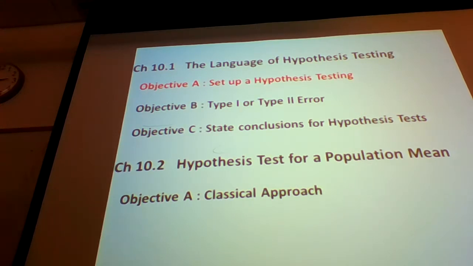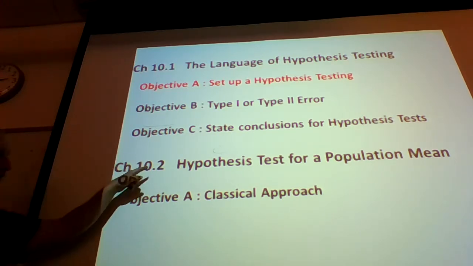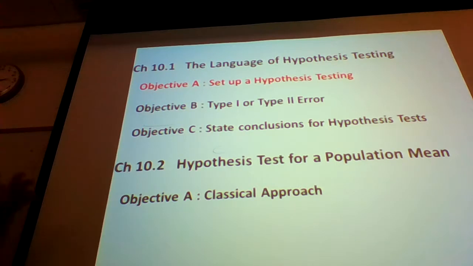We're also going to learn how to state the conclusions of your hypothesis testing. And then we're going to learn the classical approach in section 10.2 of the hypothesis test. It's more of the mechanics, or a little more of the guts of it. And that's as far as we'll go today. Any questions on this?